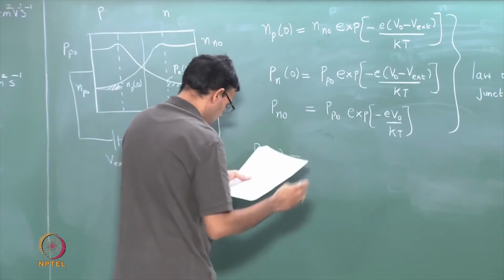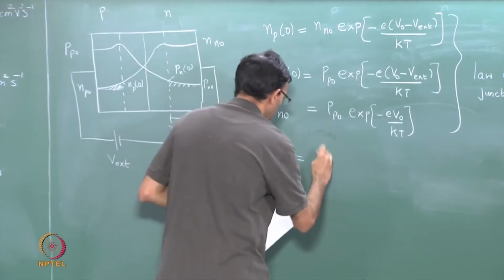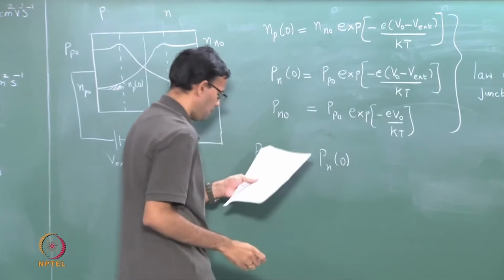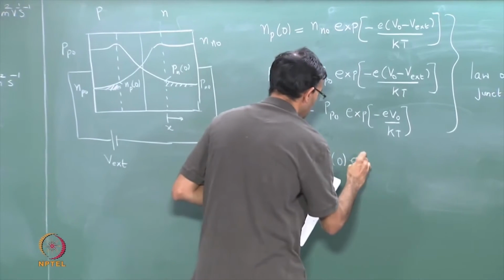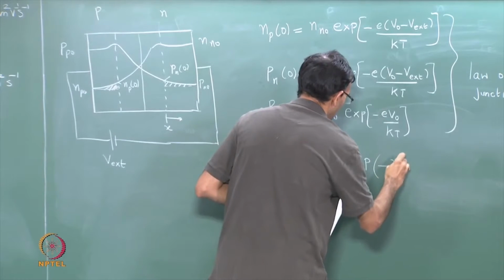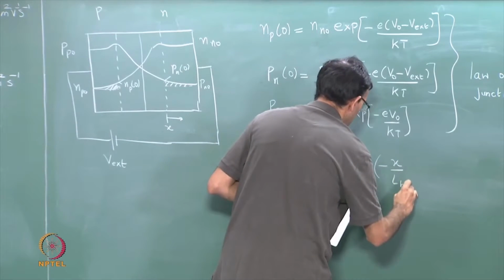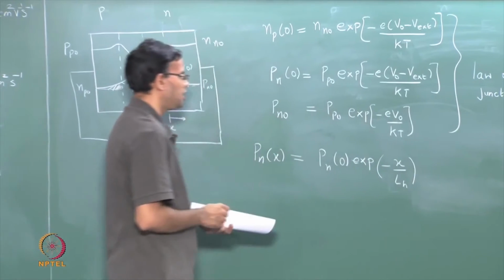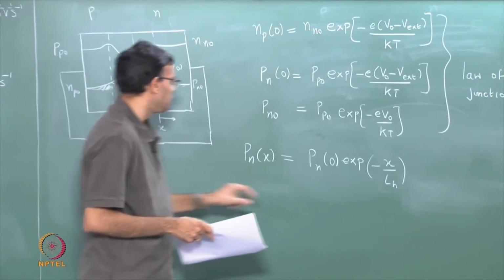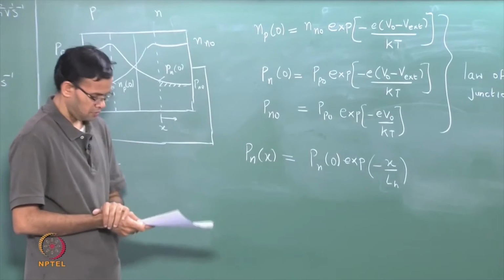So, this is related to the diffusion length. So, it is P n naught times exponential minus x over LH. LH refers to the diffusion length and x refers to the distance from the origin.